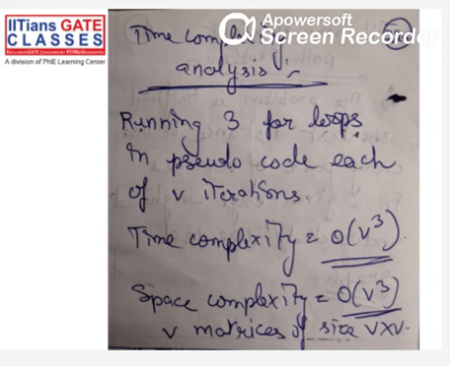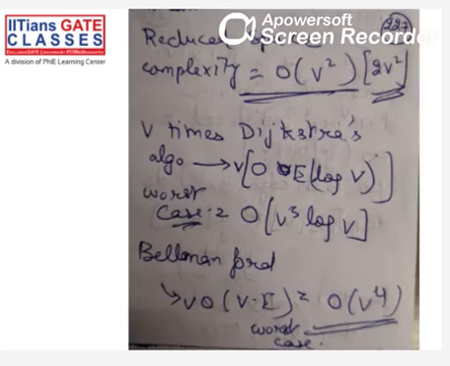All you need is the current graph and the previous one. These two things are all you need. So you can do it in 2V square space complexity. Hence, the space complexity can be reduced to order of V square instead of order of V cube. There is no need to maintain V matrices for the Floyd-Warshall algorithm.